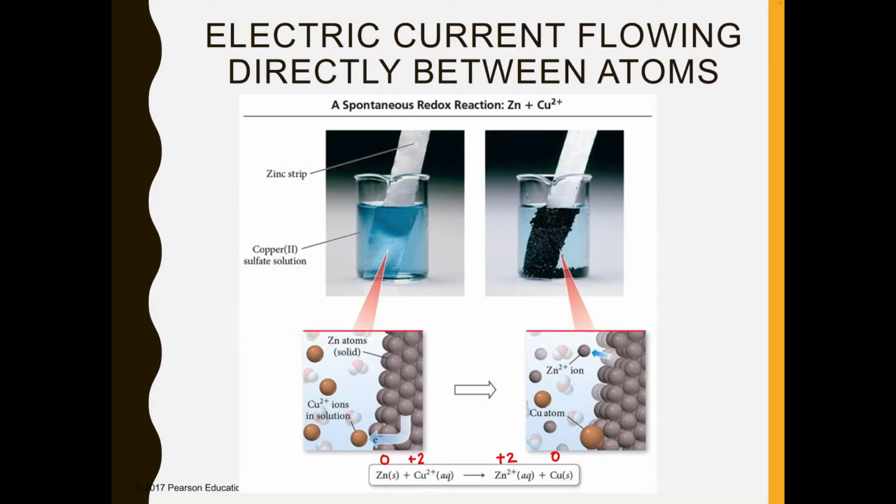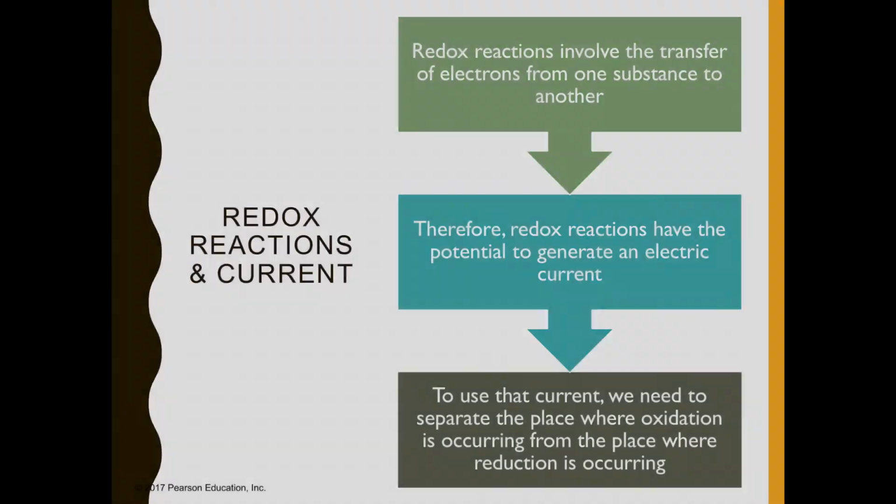So we could do this reaction in one beaker, but we're not able to capture that flow of electrons. The only way we can do that is by separating the process of oxidation from the process of reduction so that we can use that flow of electrons to generate electricity.